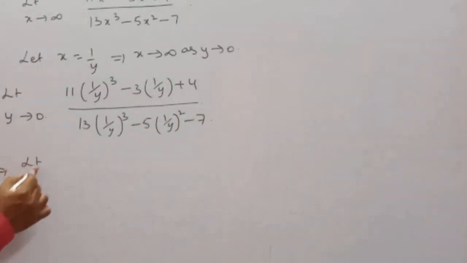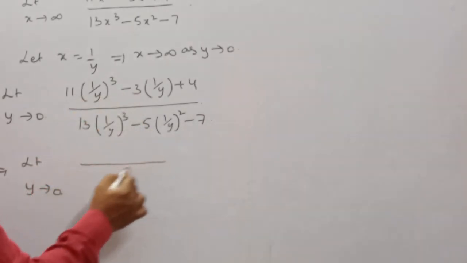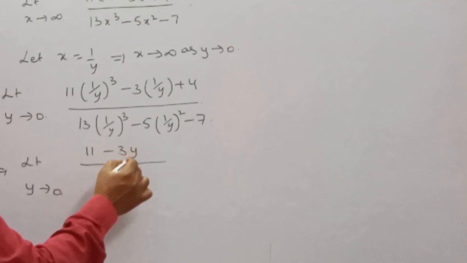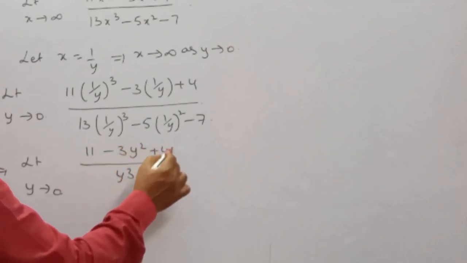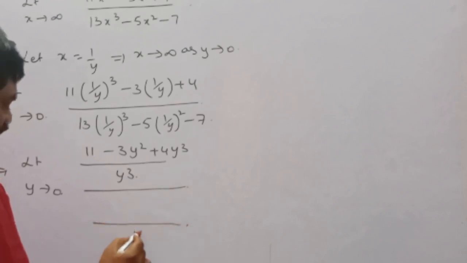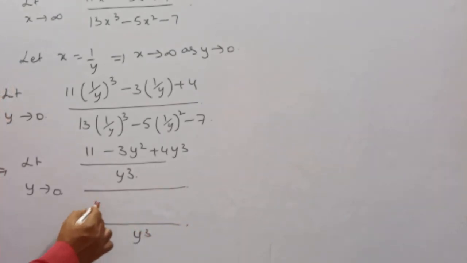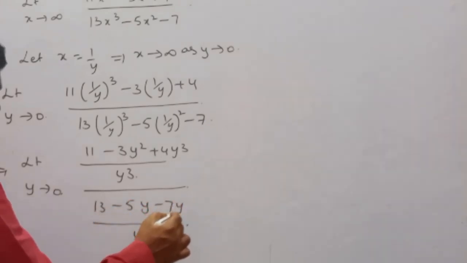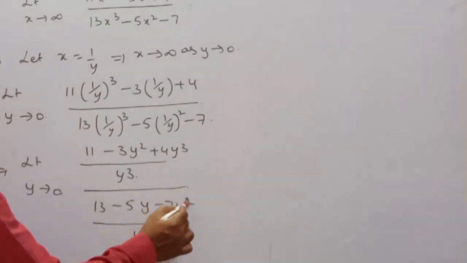This implies the limit as y tends to 0, with numerator LCM y cube, 11 minus 3y square plus 4y cube, and denominator LCM y cube, 13 minus 5y minus 7y cube.